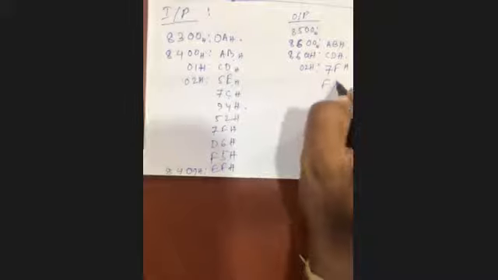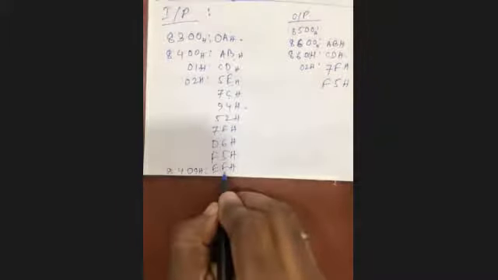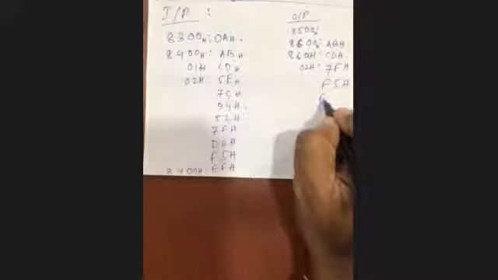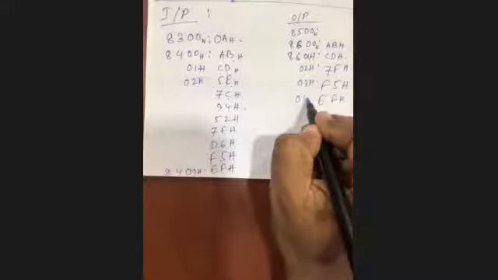So F5. F means 15, odd. Again EF. So how many numbers? 1, 2, 3, 4, 5. Over here the answer will be 05H.